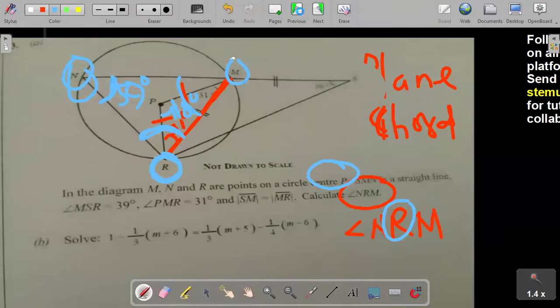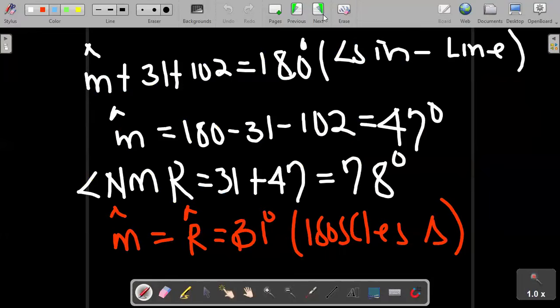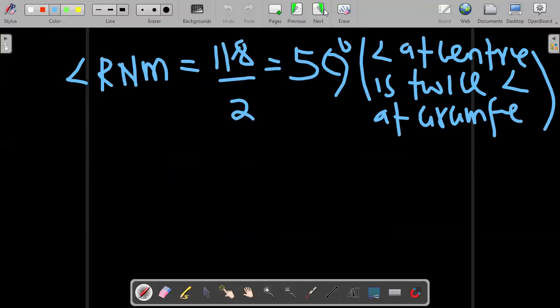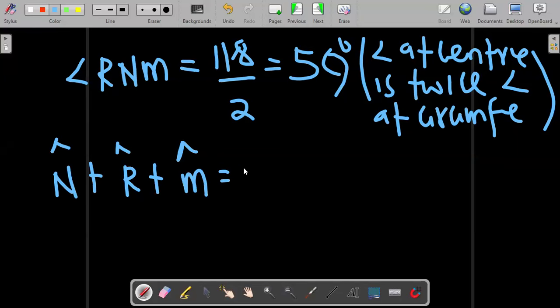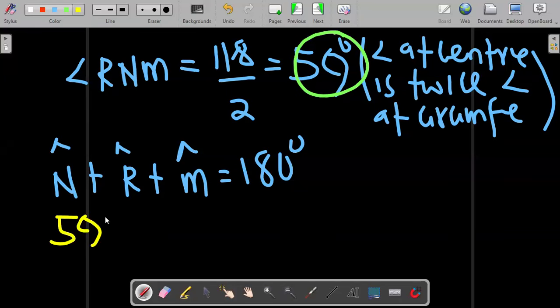So we are going to have angle N plus angle R plus angle M is equal to 180. Angle M, we've done that already. The value is 59. Angle R is what I'm looking for.